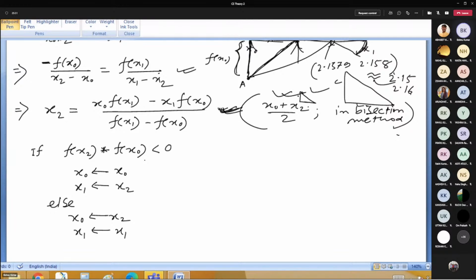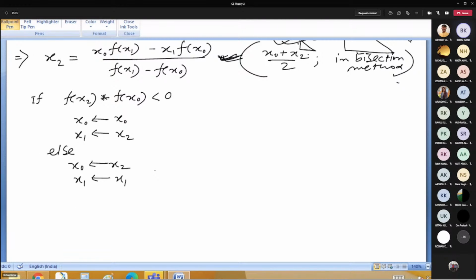Okay, and this process will be repeated within a loop. The do while loop we have used there, by putting an epsilon condition or error condition, such that it will continue on the basis of the question, how many decimal places you are asked for. You just continue this process.